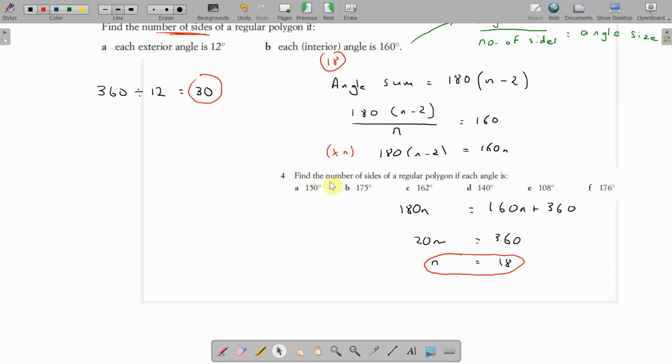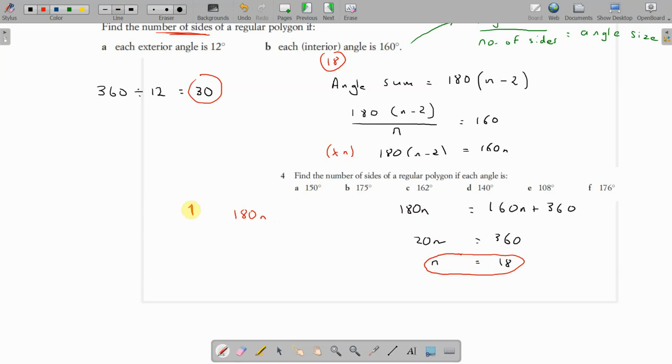Except for, let's do the first one. Let's say the number of sides of the regular polygon, each angle is 150. So all you do is these 3 lines of working. I'll do this one. You start with 180n, same as that one.